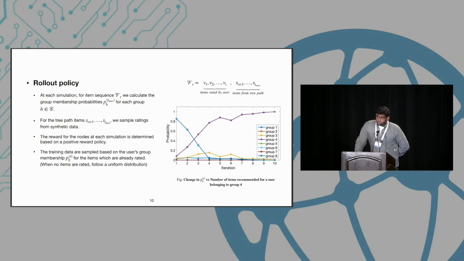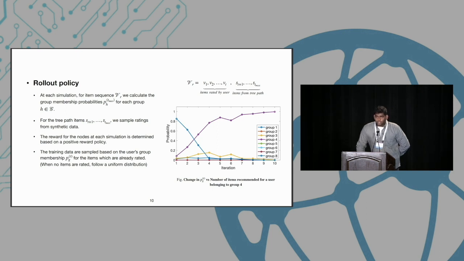Using these group memberships, we move on to the rollout policy, which defines how we do the simulations and how we calculate the rewards. Once the tree reaches a leaf node, we have a set of items selected from the tree.